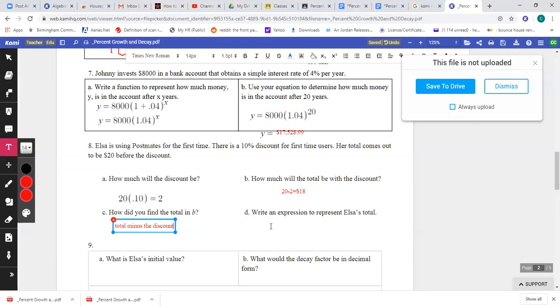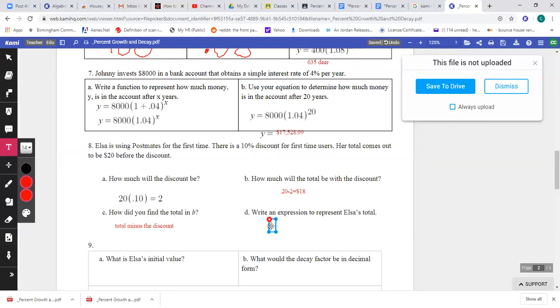If you want to write an expression to represent Elsa's total, it's the same thing as above, but this time I am going to do minus instead of plus. So I take the total, which is 20, and I subtract the discount, which is just 20 times 0.10.